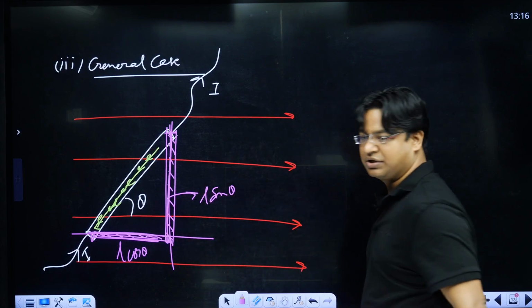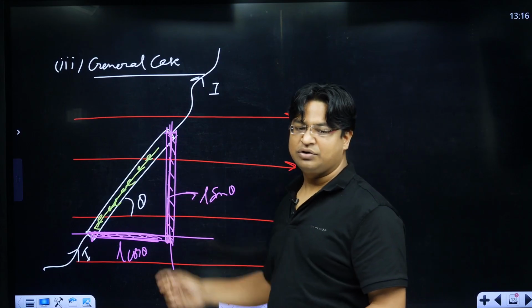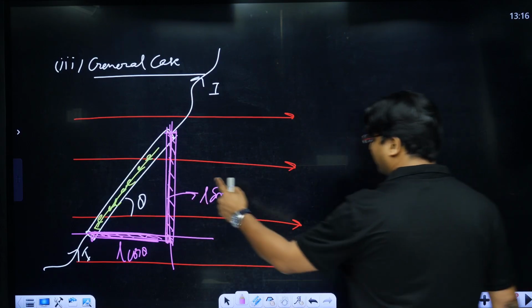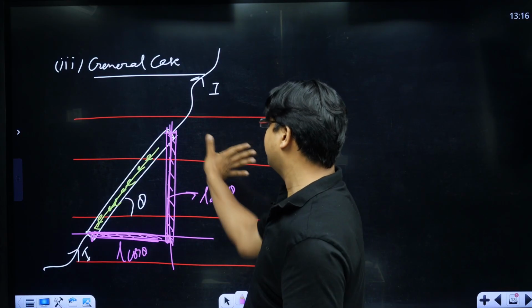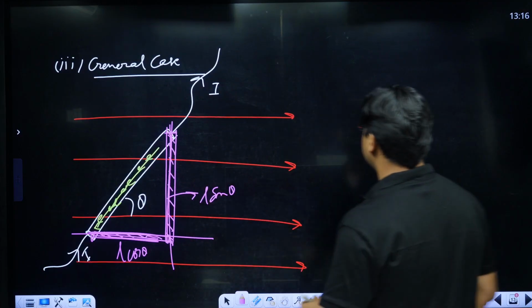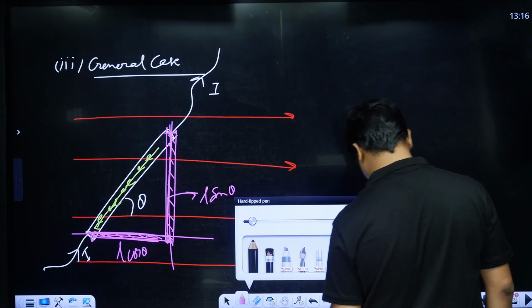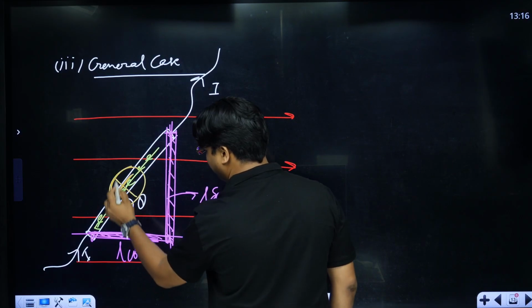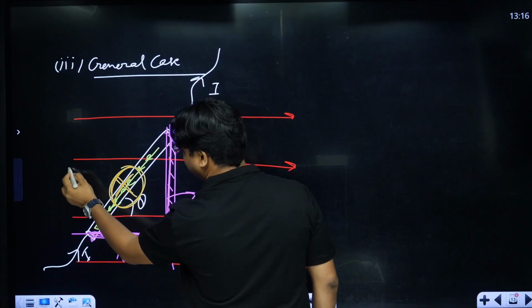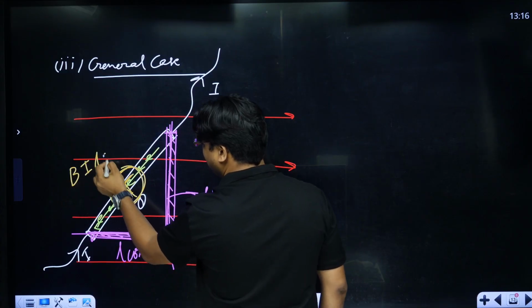So this is one way of thinking, that you break the length of the rod into two parts. If current were only in this part, the magnetic field is there, current is upward, force would have been inward. So the force on this rod will be inwards, therefore I'm drawing a cross, and that force would be B I L sine theta.